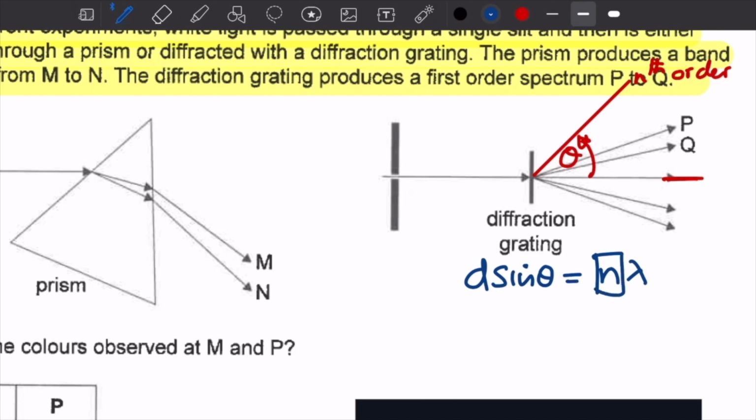So for a given order, for a given grating with the given slit width, sine theta is proportional to lambda. When theta increases, sine theta increases from 0 to 90. So theta increases according to the wavelength.